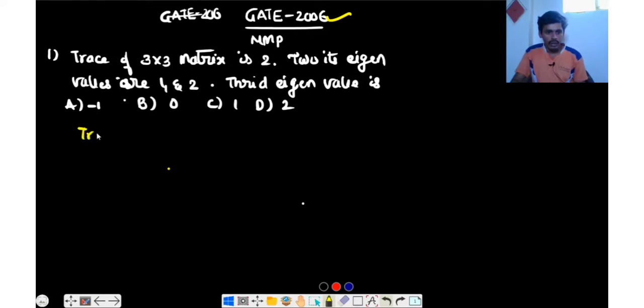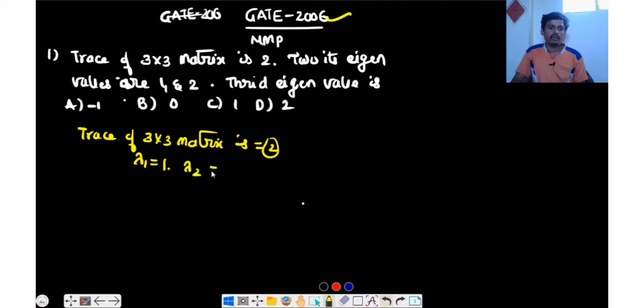Already know the trace of the matrix. The trace of the 3 by 3 matrix is 2. Also the eigenvalues are given: lambda 1 is equal to 1, lambda 2 is equal to 2, and lambda 3 we will find.